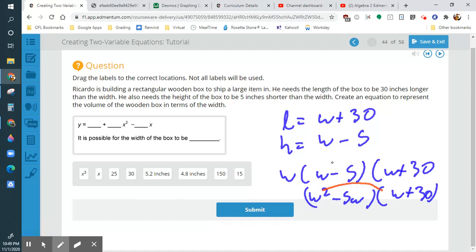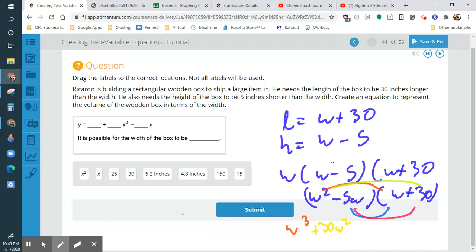So first, outer, inner, and last. So our first one, I don't like how close those colors are to each other. W cubed, outer would be plus 30w squared.